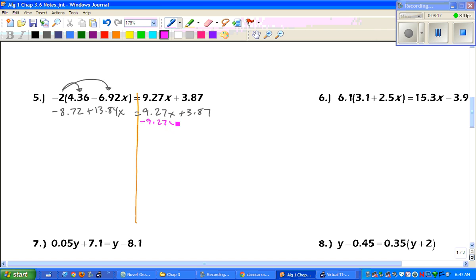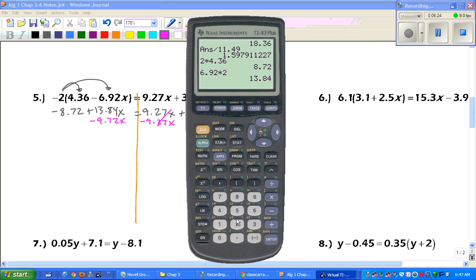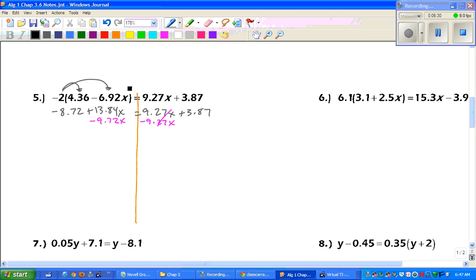I'm going to move my x's to the left side, so I'm going to line it up directly underneath the x. 13.84 minus 9.72 gives me 4.12x. That negative 8.72 is still there, and 3.87.